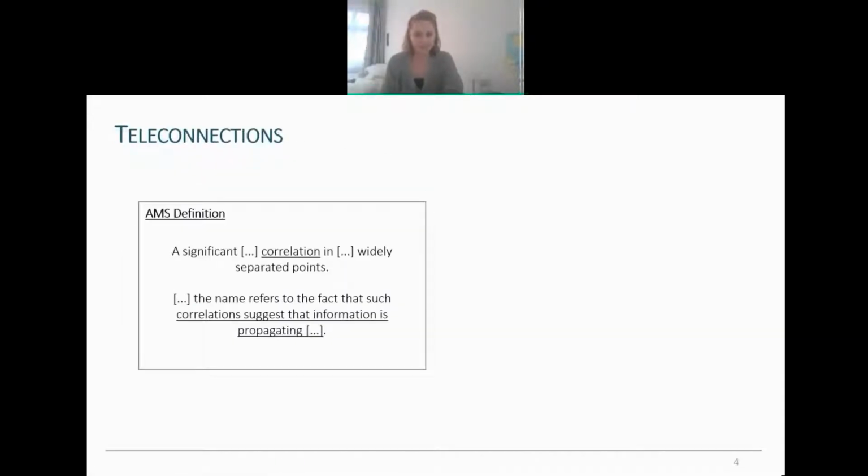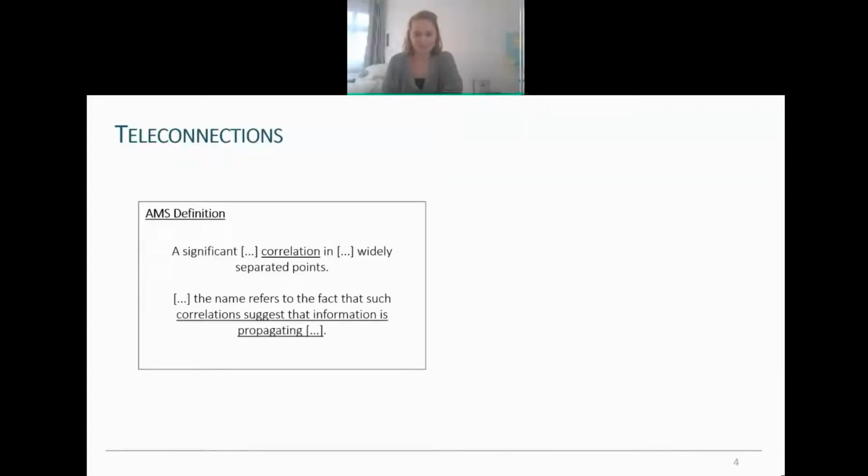To motivate this causal approach in more detail, I'd like to go back to the term teleconnection, and here I show parts of the definition from the AMS glossary. Teleconnection is defined as a significant correlation in widely separated points, with the name referring to the fact that such correlations suggest that information is propagating.